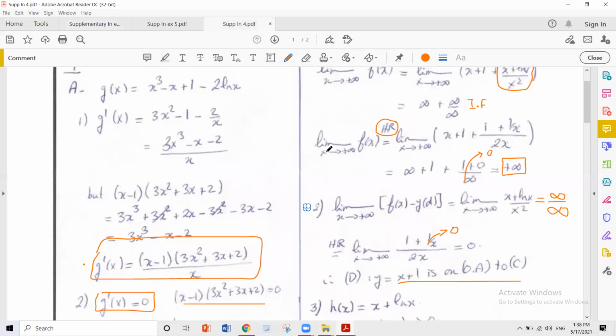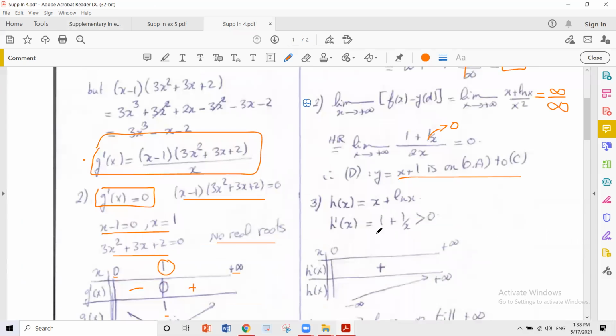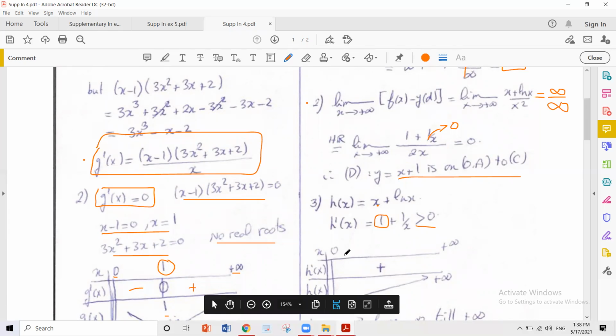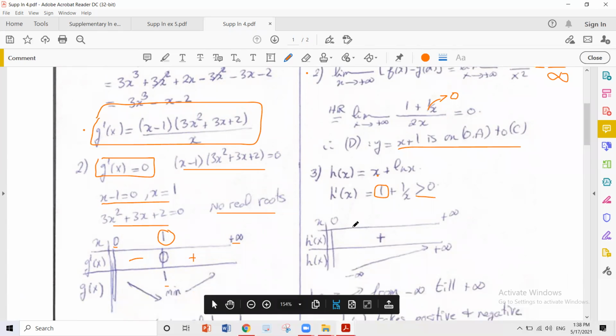We compute h prime of x, which equals 1, since the derivative of x is 1, plus the derivative of ln x, which is 1 over x. It is always positive, then the function is increasing. The limit at 0 is 0 plus ln 0, which is minus infinity.